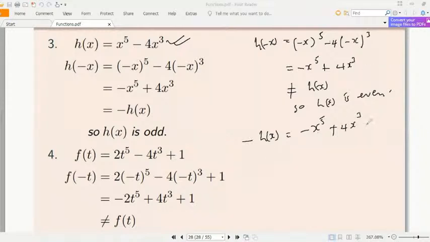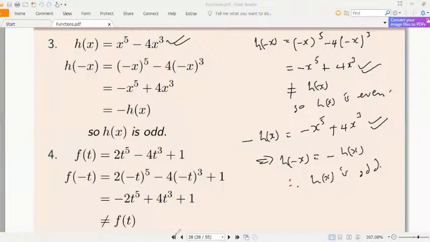And I can see that this is equal. So what that means is that h of negative x is equal to negative multiplied by h of x, and therefore h of x is odd.